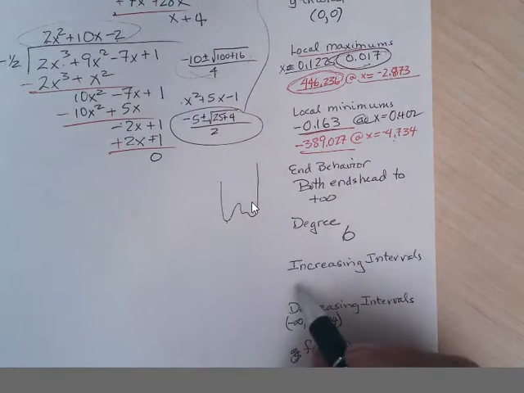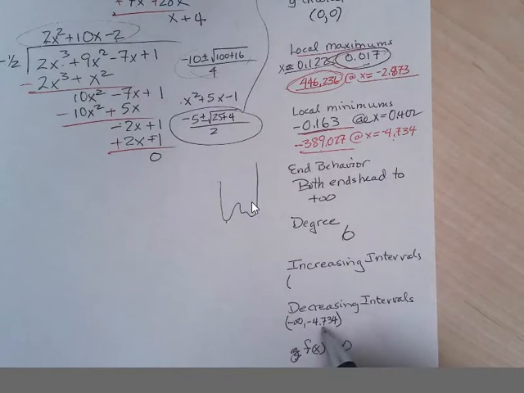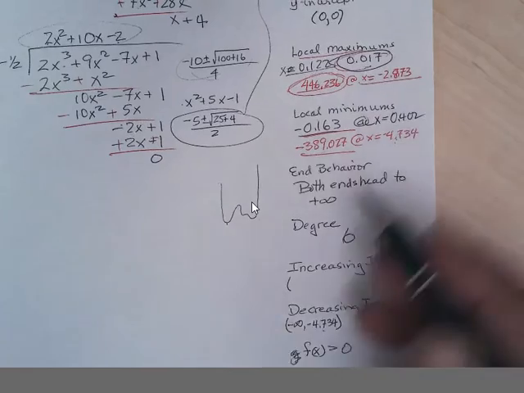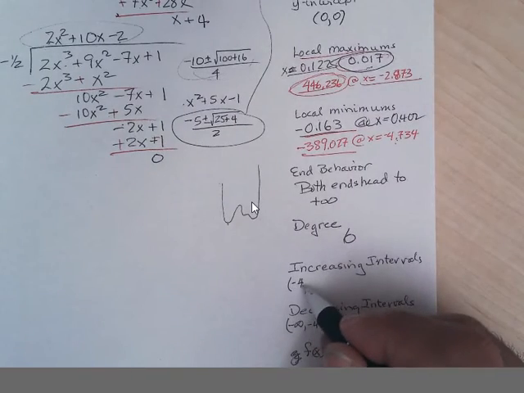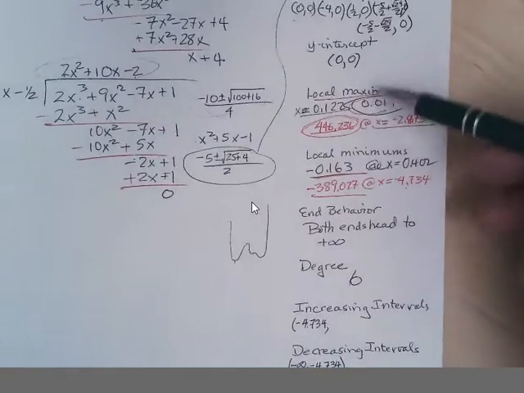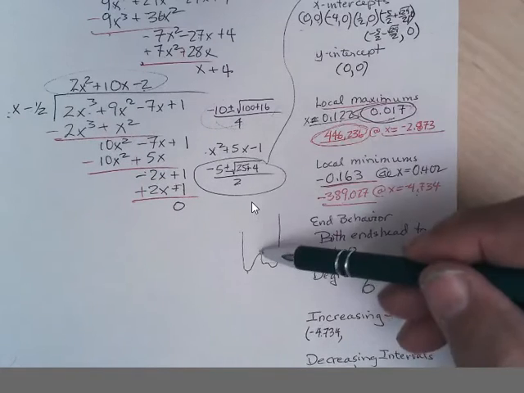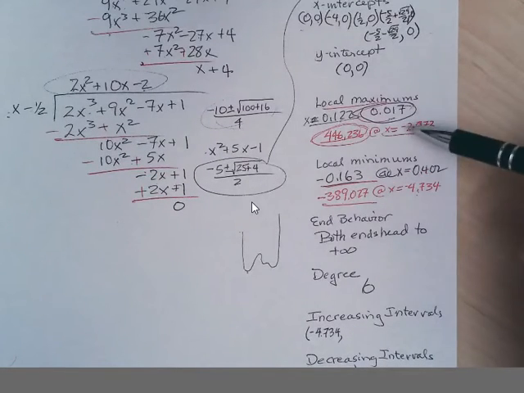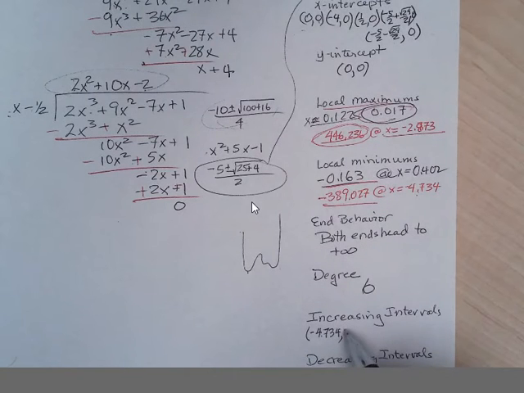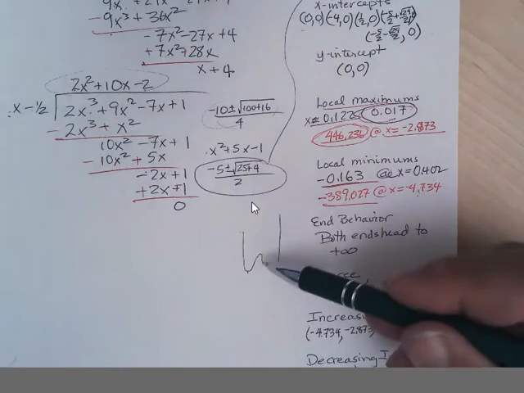Then it increased, and you notice I'm not including this. At that point, it's changing from increasing to decreasing, so you don't use square brackets. It started increasing from negative 4.734 to that maximum, that high maximum in there, which was 446, and that happened at negative 2.873, so it increased to there.